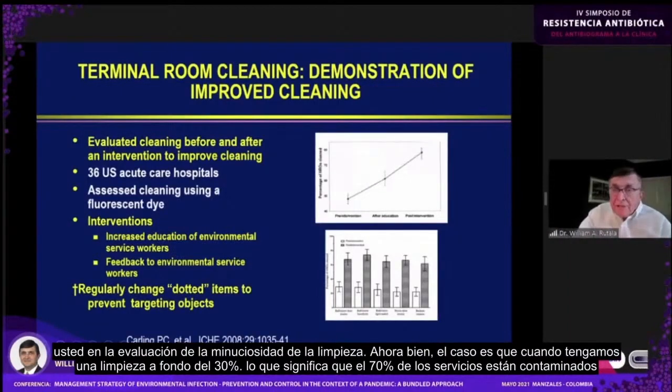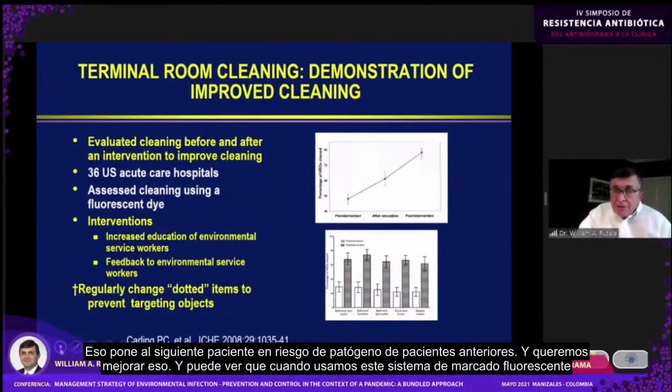Now, the point is that when we have a thoroughness of cleaning of 30%, meaning 70% of the surfaces are contaminated, that puts the next patient at risk of the previous patient's pathogen, and we want to improve that.